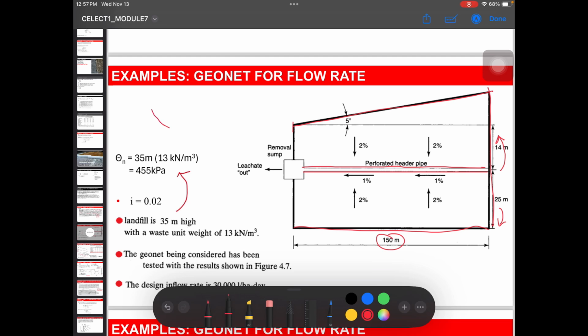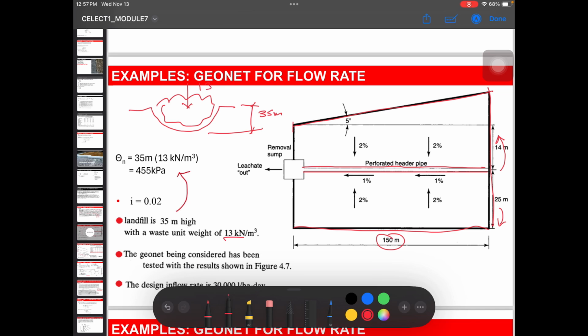So, ano yung normal stress para makuha natin yung flow rate ng geonet natin? Ito yung landfill. Ang height niya is, say, given pala to, 35 meters. And then, ito yung waste mo. Ang unit weight niyan ay 13 kilonewton.